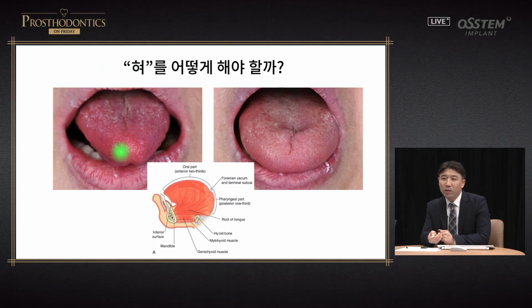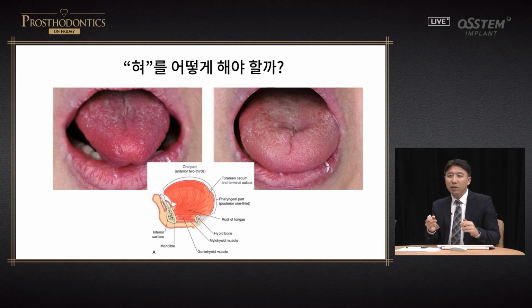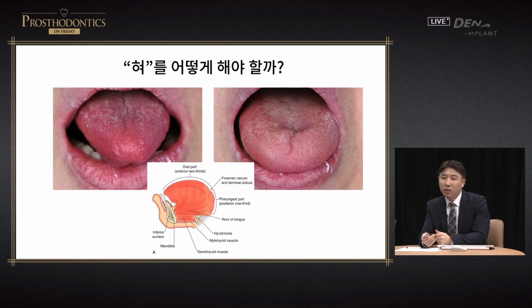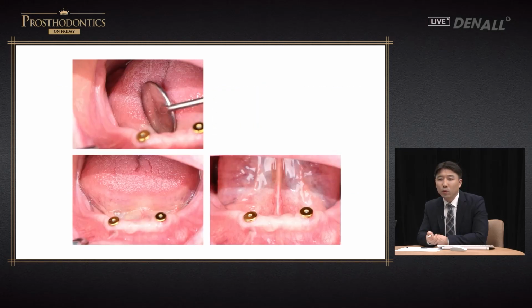However, in order to stick the tongue out in a round manner, the muscle of the tongue is not used. The floor of the mouth is pushed up and the tongue is protruded. Therefore, when you take impression, you need to have the patient stick the tongue out in a round manner. It's very important. That is very important, so I made a separate slide.